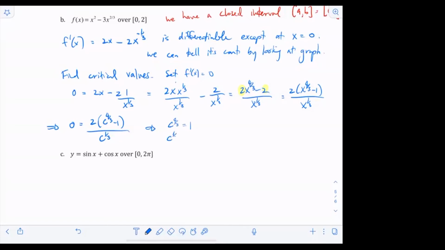I have c to the 1/3 equal to 0. That's the second equation. This top part here tells me f prime of x is equal to 0. This bottom part tells me that f prime of x does not exist because you have a 0 in the denominator.